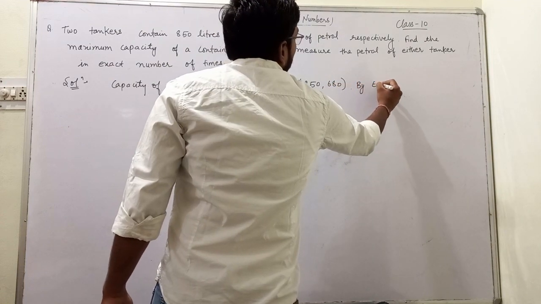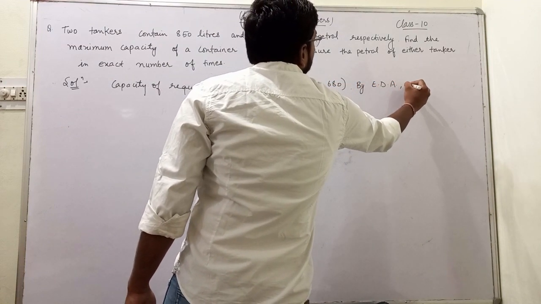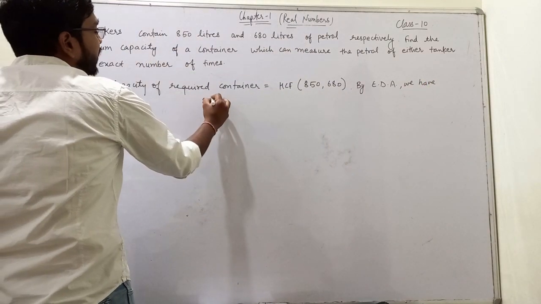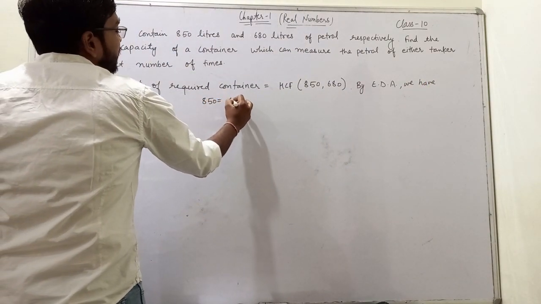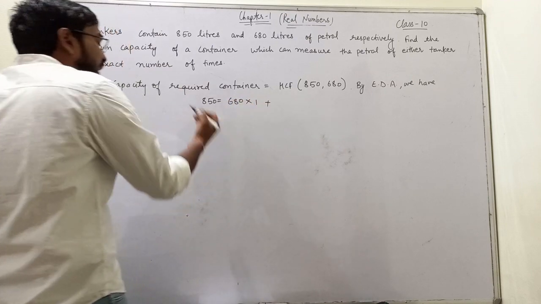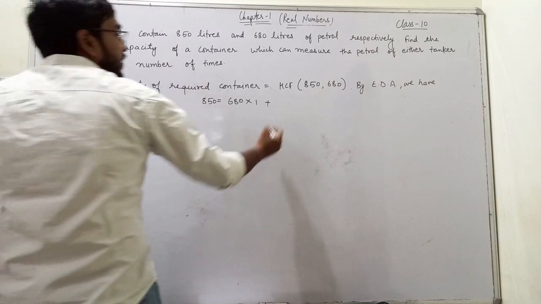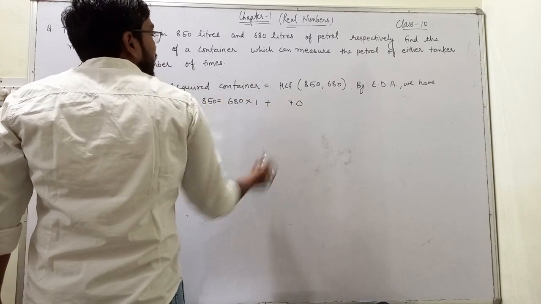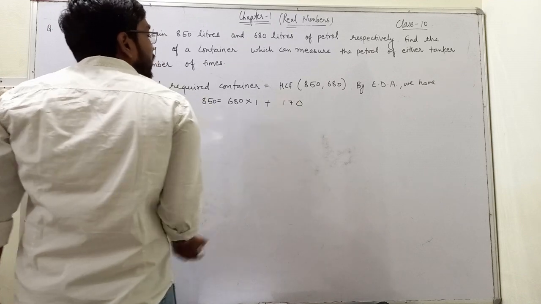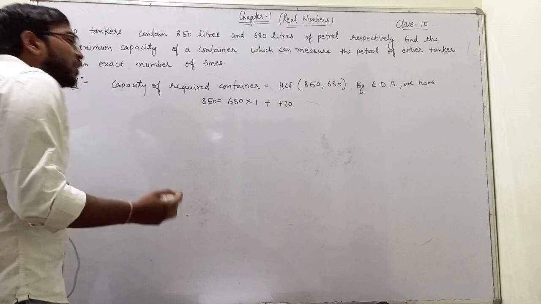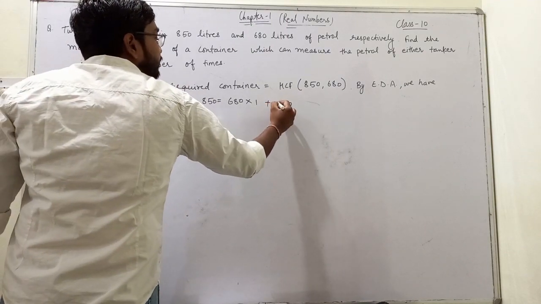So by Euclid's division algorithm, we have 850 equals 680 times 1 plus the remainder, which is 850 minus 680, that is 170. We get a non-zero remainder.